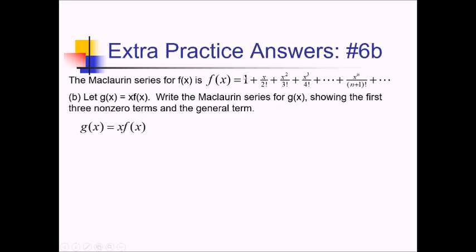So that first term of 1 is now going to be 1 times x, or just simply x. After that, we have x squared over 2 factorial plus x cubed over 3 factorial. And they only wanted the first 3 non-zero terms plus the general term, so let's just skip ahead here. This is going to be x to the n plus 1 over n plus 1 factorial.